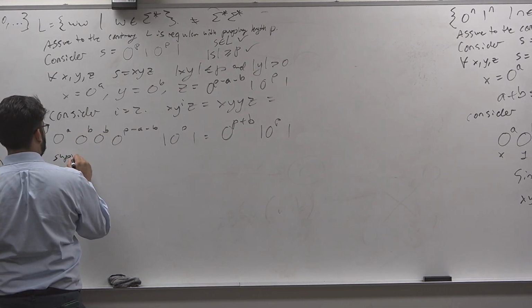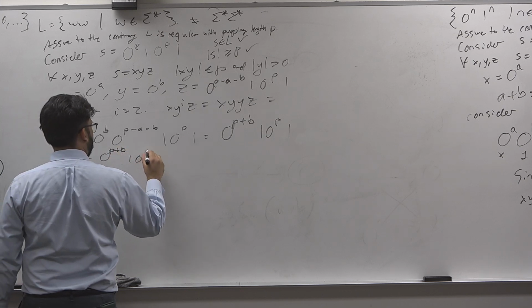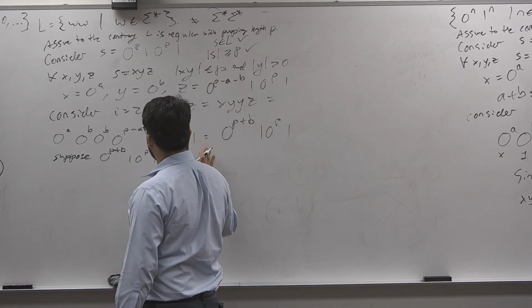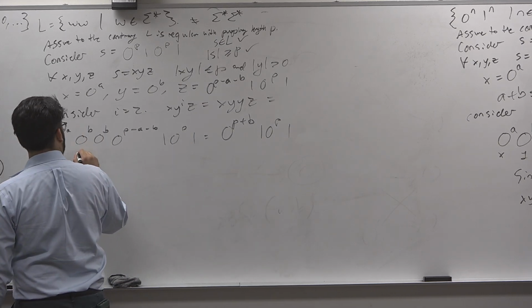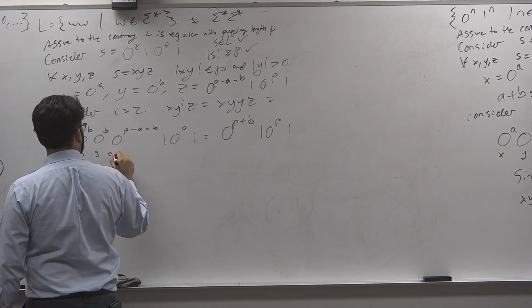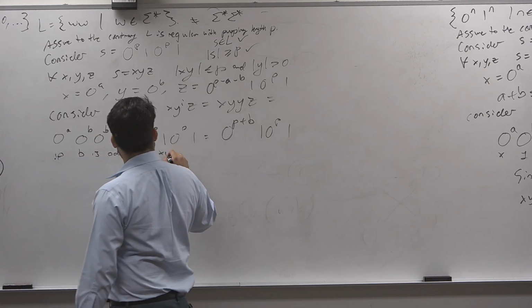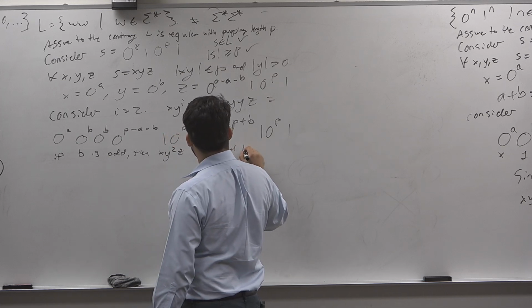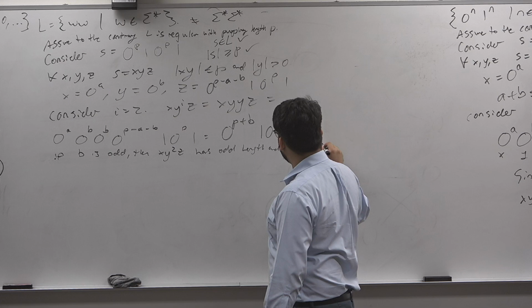Suppose that 0^(p+b), 1, 0^p, 1 is equal to W. If b is odd, then x, y squared z has odd length, and we are done.